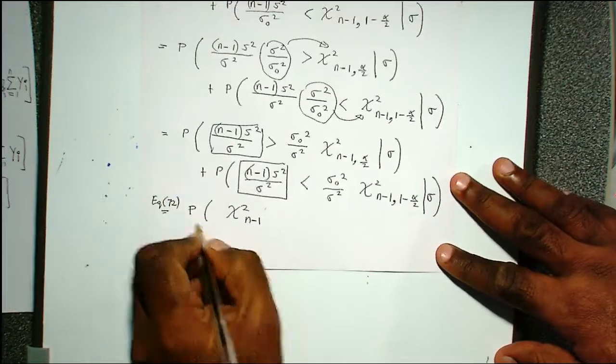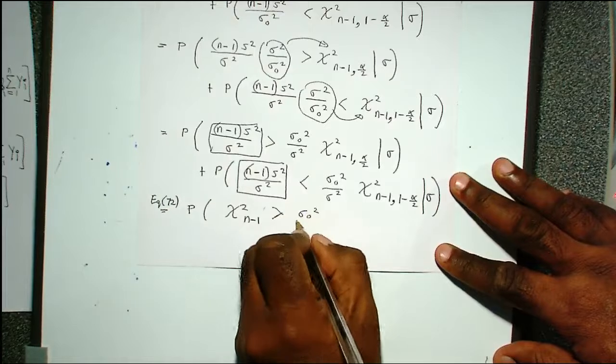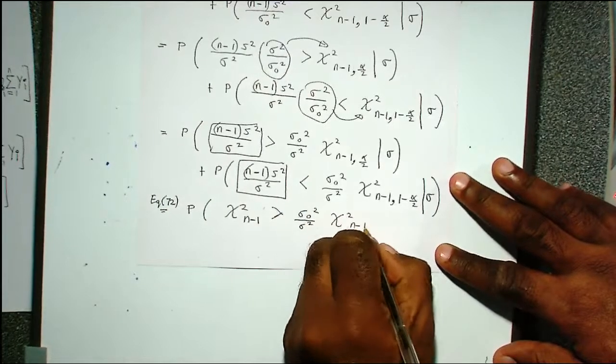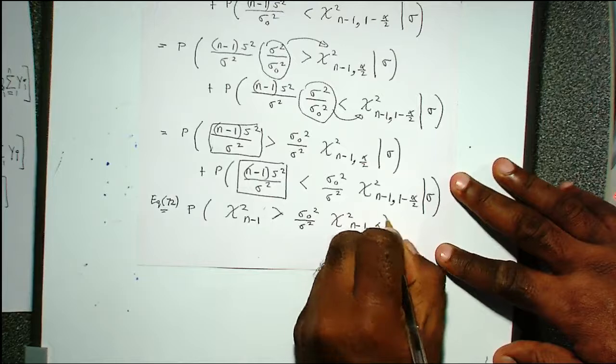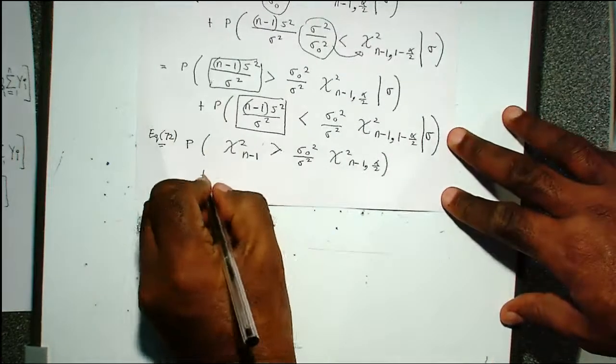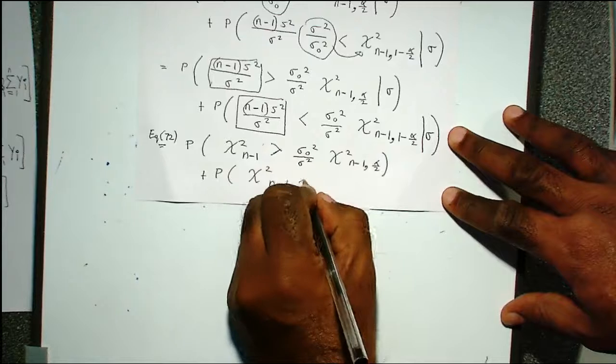Greater than, and plus the probability that a chi-squared with n minus 1 is less than.